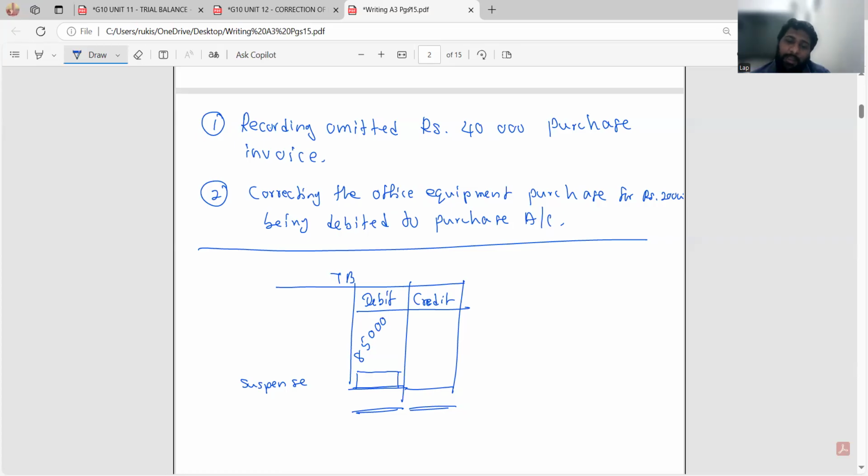Then how much would have been the credit side total? Very simple. If the suspense came to a value of 9,000, this total would have been 94,000. So the credit balance total would have been 94,000. The answer is 94,000.